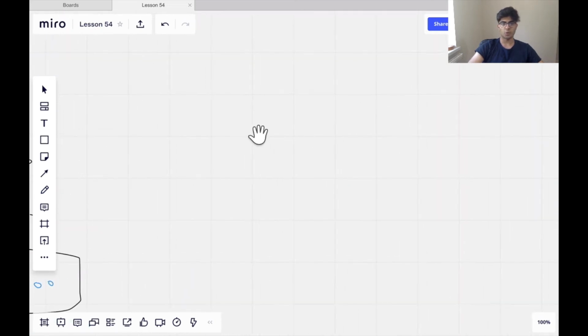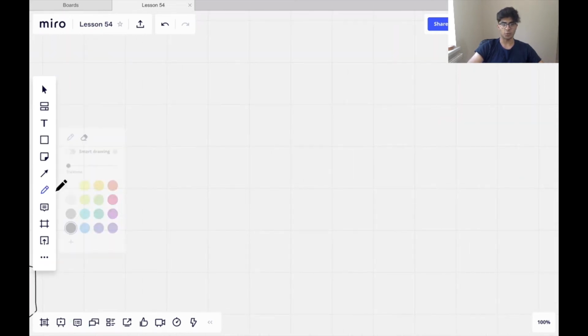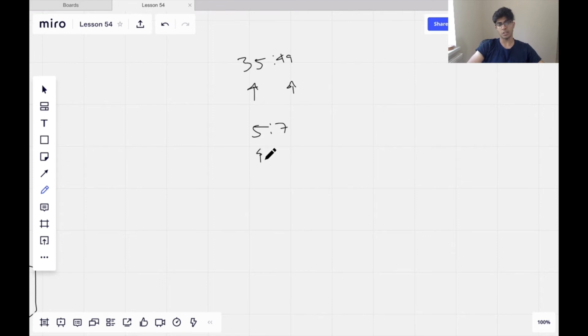We've also got something called reducing to simplest form. Say we have a ratio, for example, 35 to 49. This is saying for every 35 red balls, we have 49 blue balls. But you can see that if we divide both sides by 7, we get 5 to 7, which is the same thing as saying for every 5 red balls there are 7 blue balls, just expressed more simply.